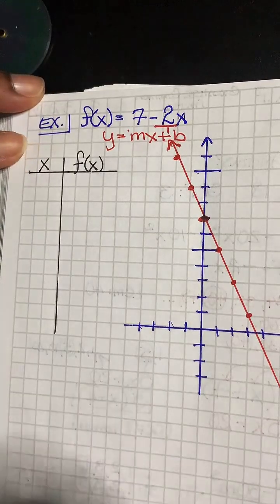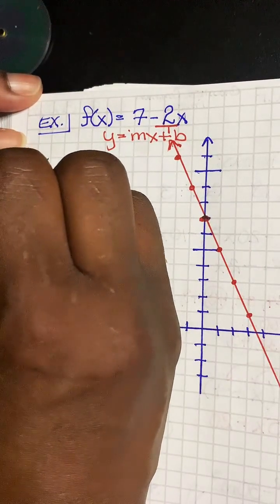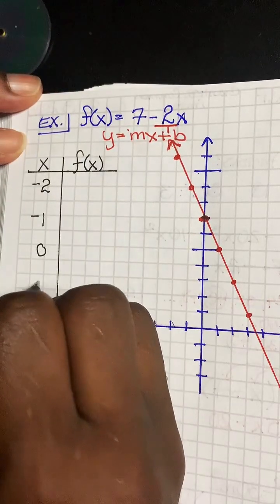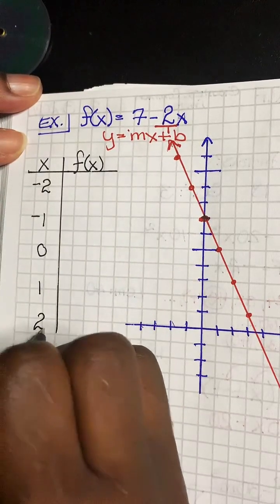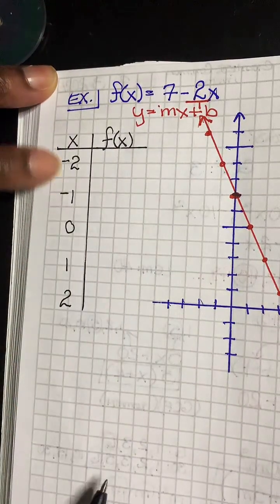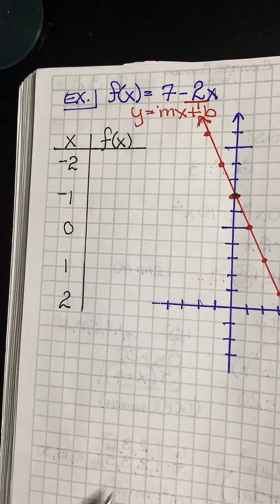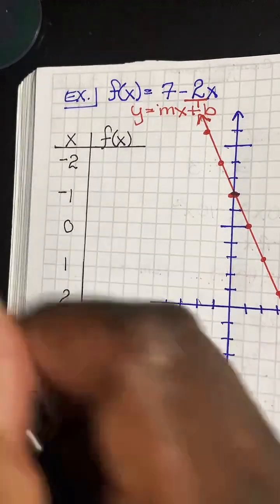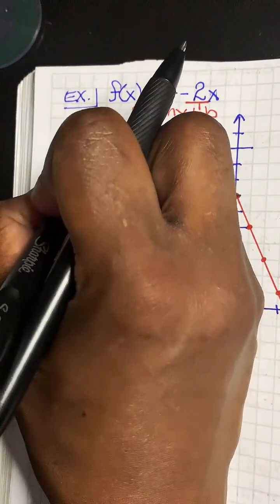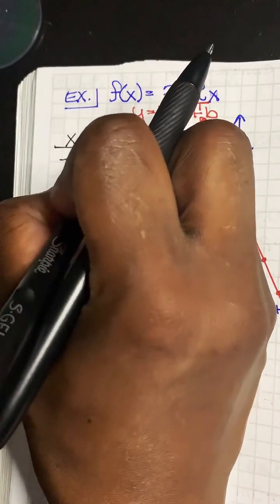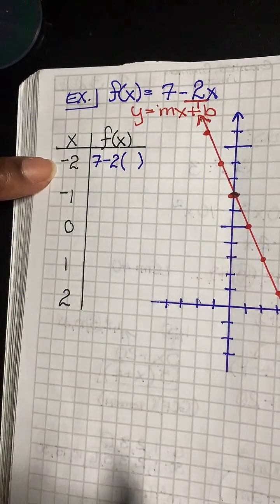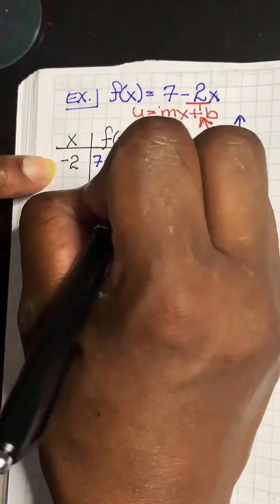Alright, so if I want, I can do -2, -1, 0, 1, and 2. If they don't give you any x's, sometimes I just like to have 2 negatives, a 0, and 2 positives. All I'm doing is taking our original function and replacing the x with the x in my table.